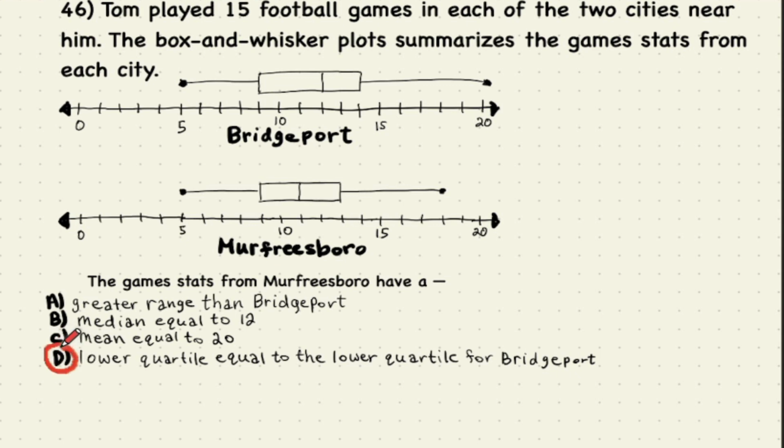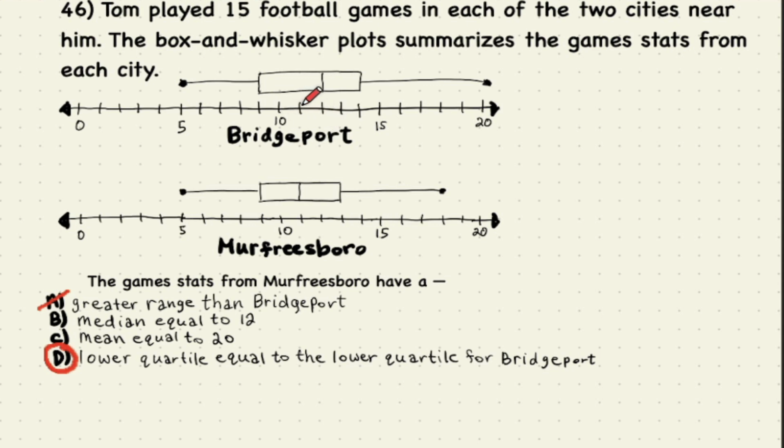And then if we take a look at A, it says greater range than Bridgeport. So if we take a look at the range here, so we have, let's see, 18 minus 5. Okay, that's 13. And then at this range, we have 20 minus 5. So right off the bat, we know this is not even the correct answer choice. And then median equal to 12.